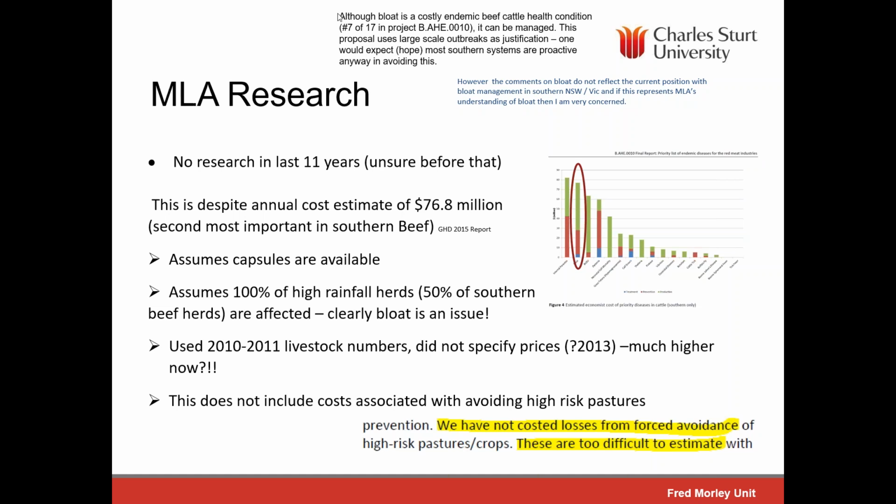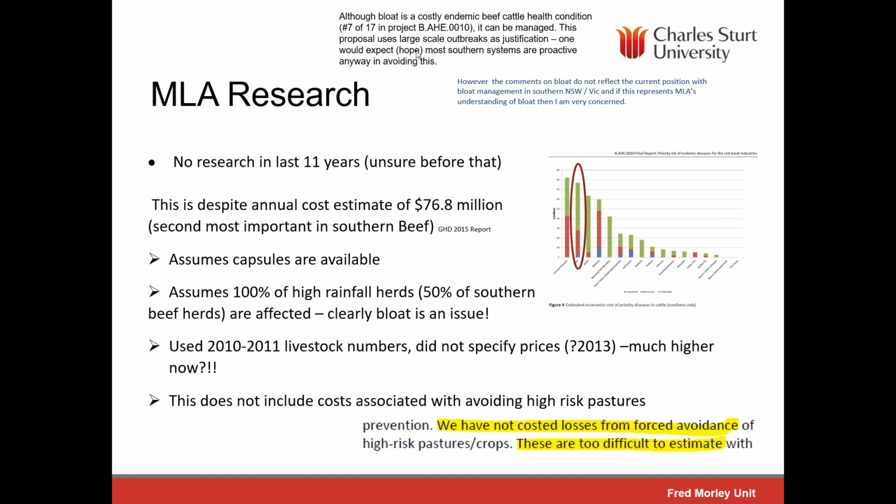We put in a proposal in 2016 to MLA to do some research about bloat, and we were informed that despite it being rated quite highly, it can be managed. And our proposal uses large-scale outbreaks as a justification. One would hope most southern systems are proactive anyway in avoiding this.